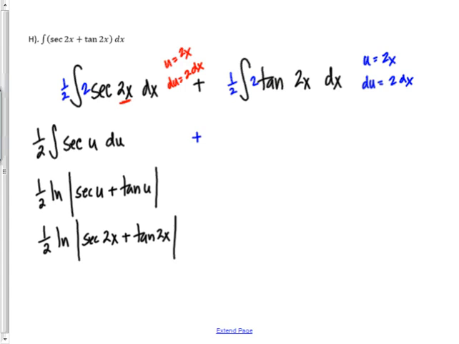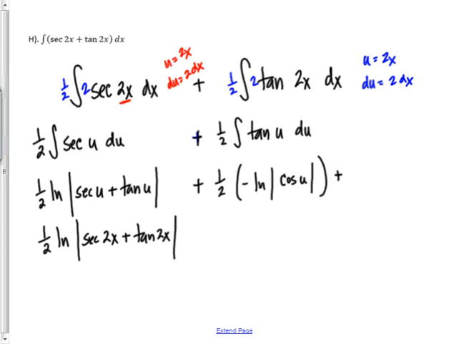So this is plus 1/2 times the integral of tangent u du, and we just saw how to figure that out. You could have rewritten it as sine 2x over cosine 2x, but we've got it memorized, and it's 1/2 times its negative natural log of the absolute value of cosine u. And now I'm going to throw my plus c on there. So if I multiply this, I get minus 1/2 times the natural log of the absolute value of cosine 2x plus c.